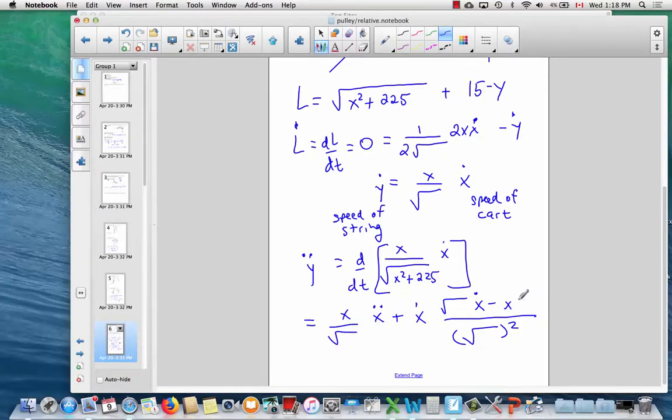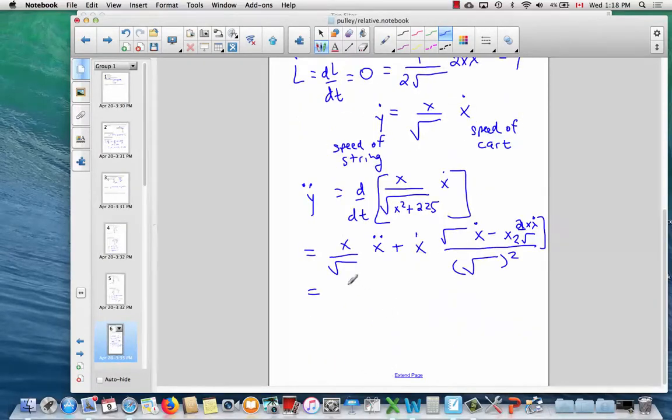Oh mon Dieu. Okay, so that's going to be 1 over 2 times the square root times the time derivative of the inside, and that's going to be 2x dot. Oh my goodness. So clearly this is complicated. There's a complicated relationship between these accelerations.